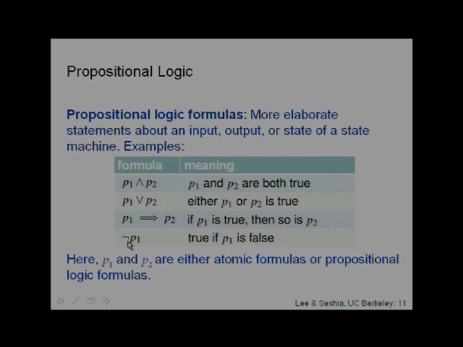One more point is that although I started with atomic propositions, you can of course use these operators to combine other formulas. For example, P1 can be a subformula itself, like x and y, and so you can build up nested and/or expressions.